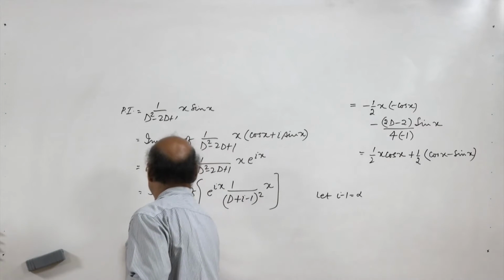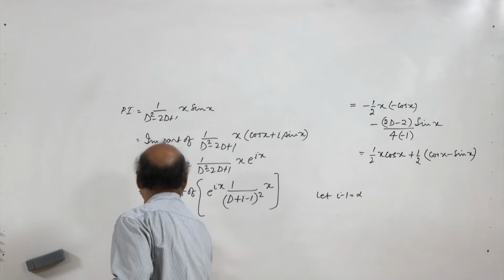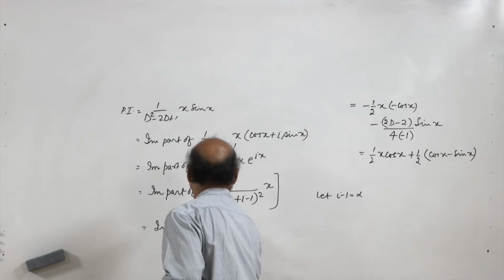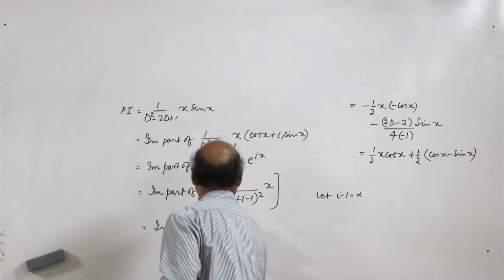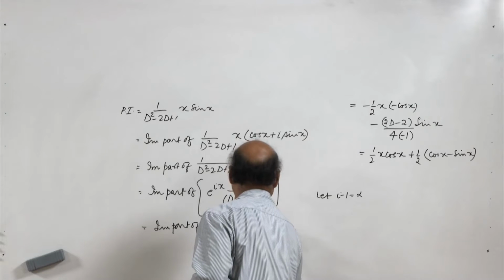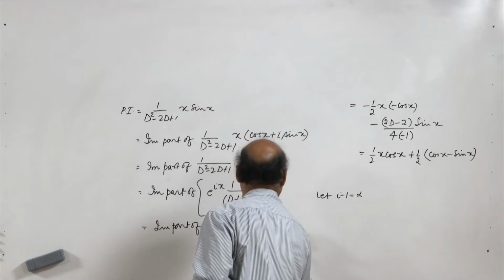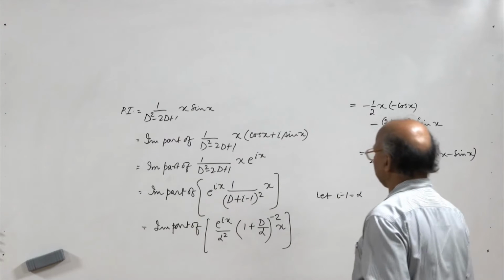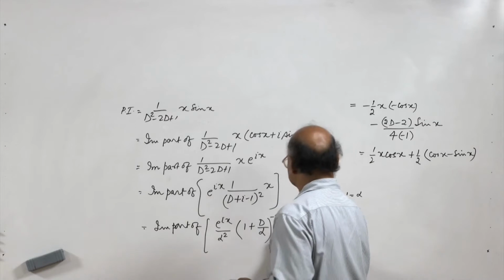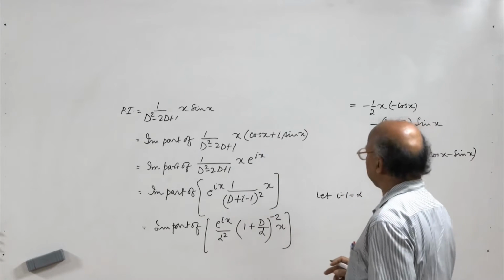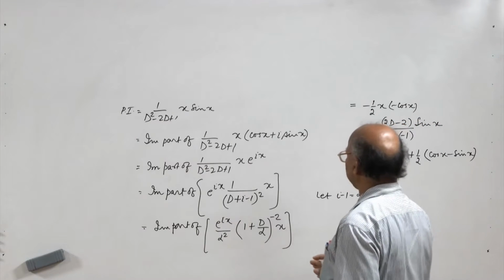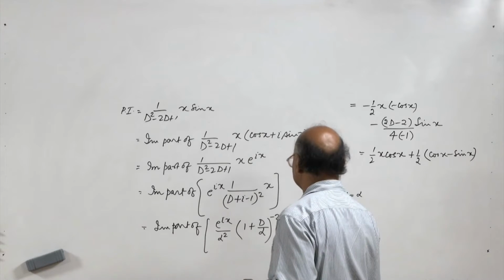Then this is e to the power ix by alpha squared, 1 plus D by alpha raised to the power minus 2. Since the power of x is 1 here, when we expand 1 plus D by alpha to the power minus 2, we just retain the power of D as 1, because D squared when it operates on x will give us 0.